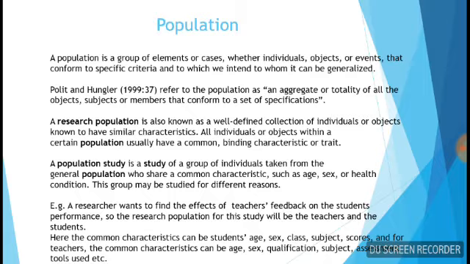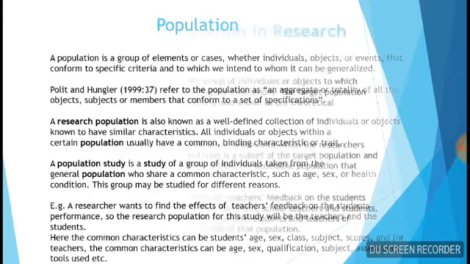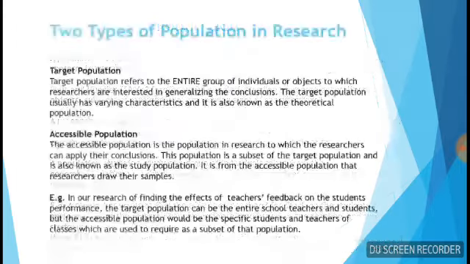So the research population for this study will be the teachers and the students. Here the common characteristics can be students' age, sex, class, subject, scores, and for the teachers the common characteristics can be age, gender, qualification, their subject of teaching, assessment tools they are using in the class, and so on.